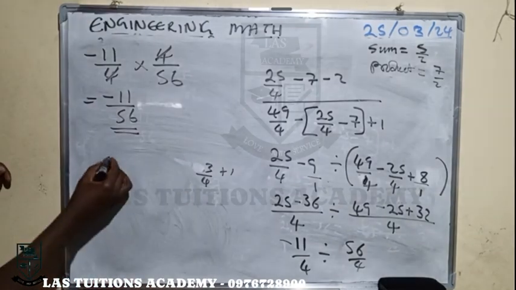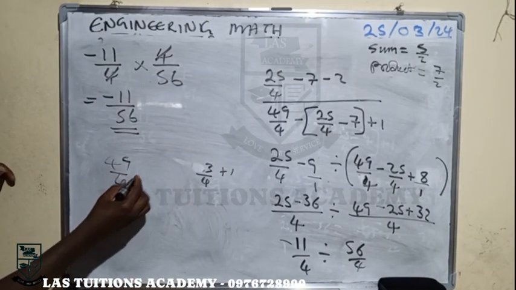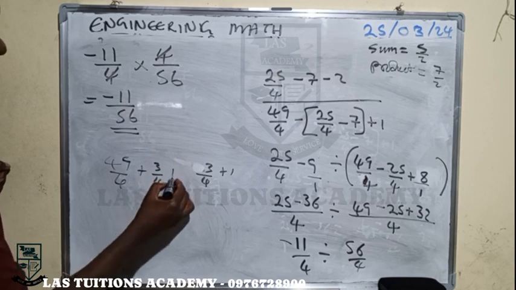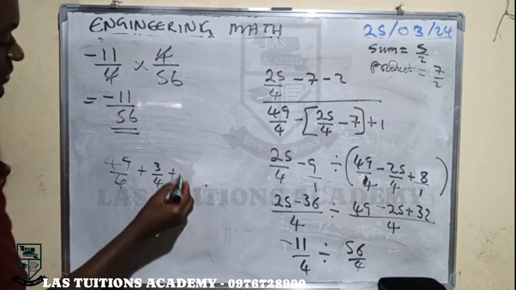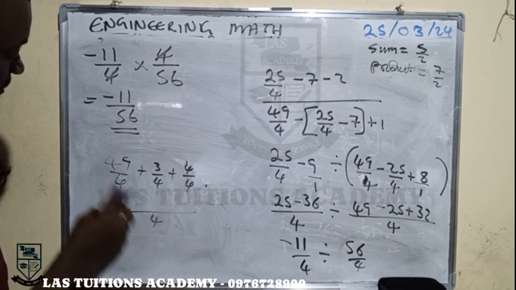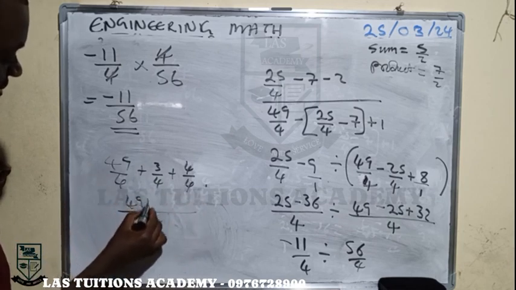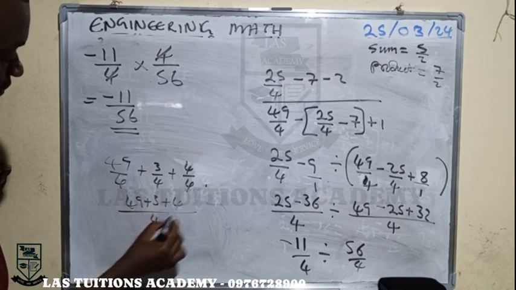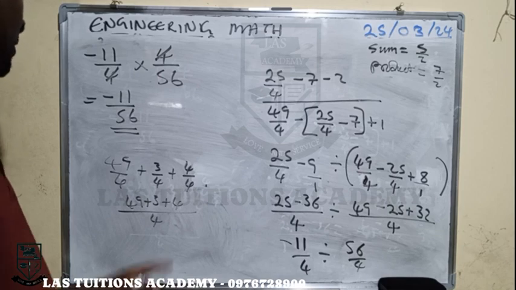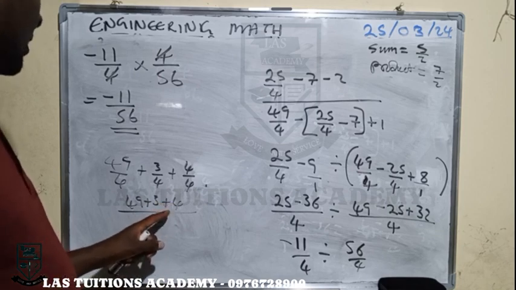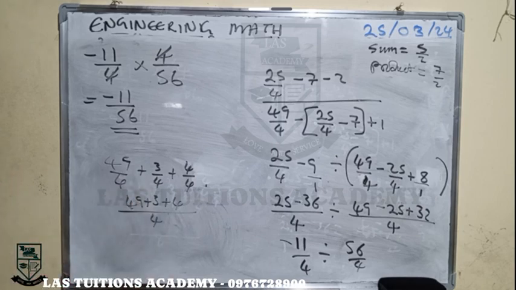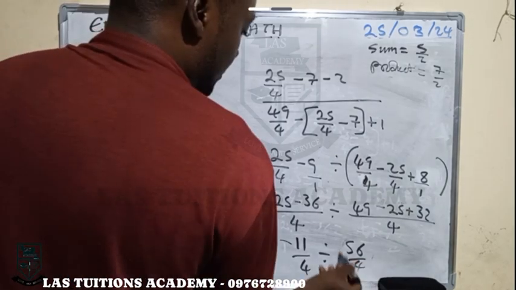So we're going to have 49 over 4 plus 3 over 4 plus 1. So 1 can be 4 over 4. So meaning we have 4, and we have 49 plus 3 plus 4. So 49, 50, 51, 52, 52 plus 4, that will be 56 over 4, which is exactly what we have the other side there.